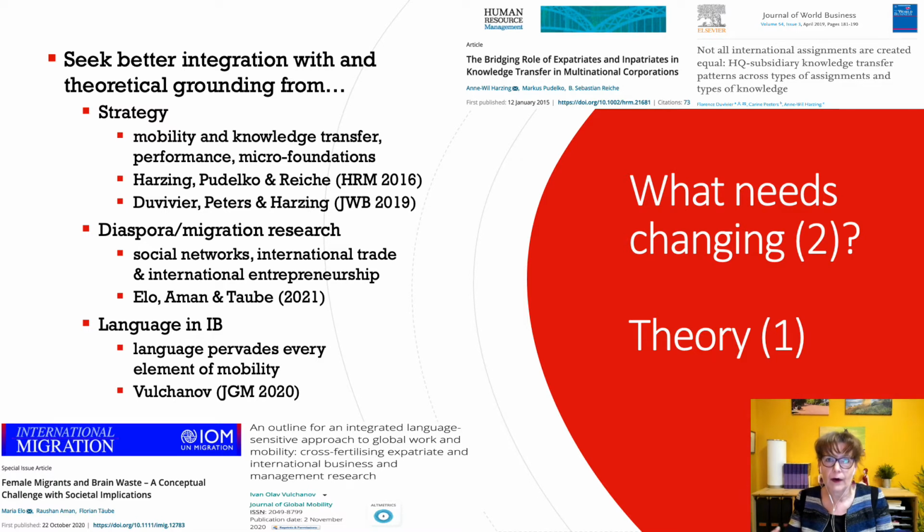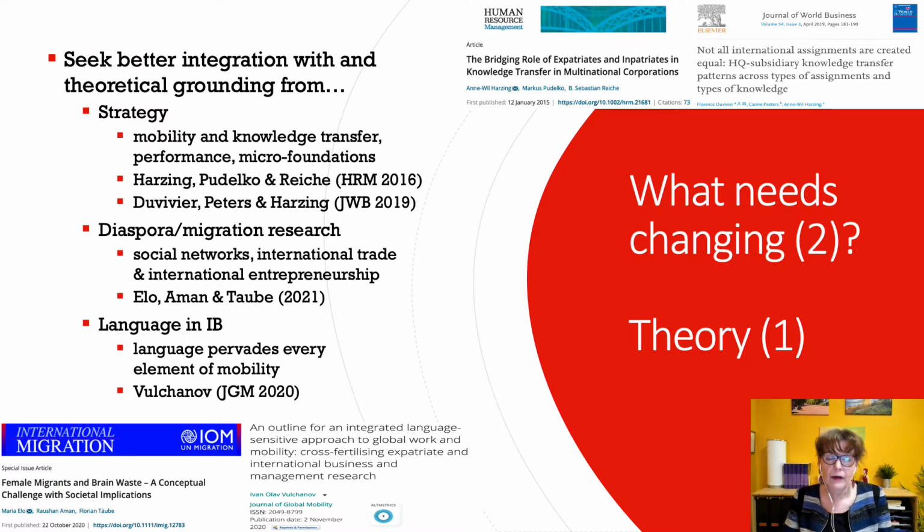The article by Florence Duvivier I mentioned earlier actually built on an earlier article that I did with Marcus Pudelko and Sebastian Reich on the role of expatriates and repatriates in knowledge transfer. And this perspective is increasingly popular in the strategy literature, where they talk about the micro foundations of strategy, so how individuals in an organization contribute.